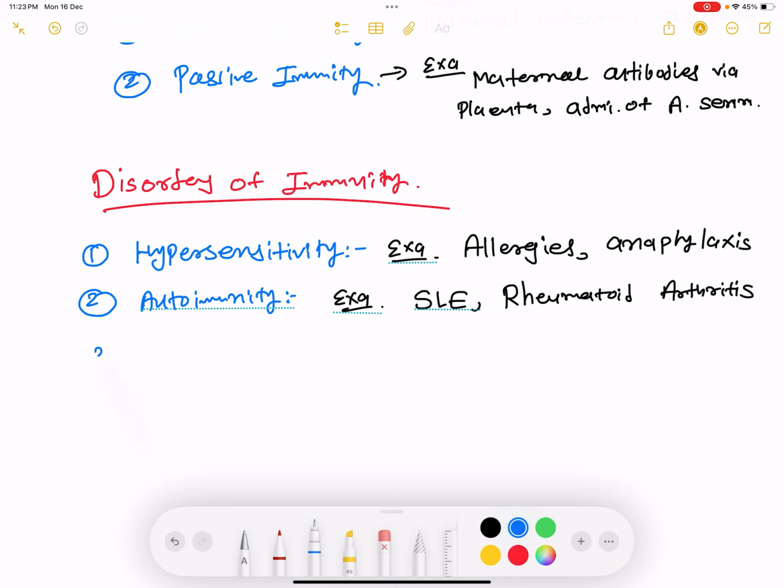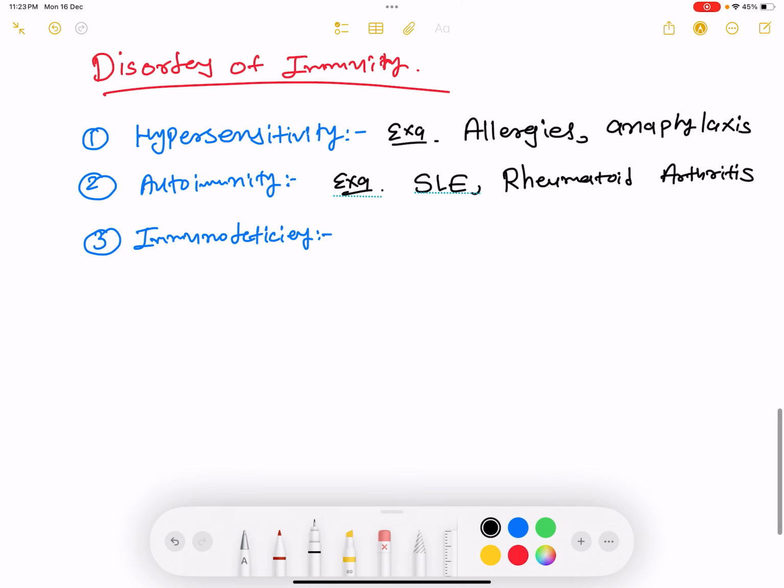Third one is immunodeficiency, an inadequate immune response. Its examples are HIV/AIDS and SCID.